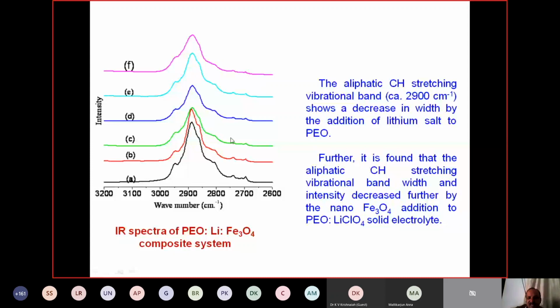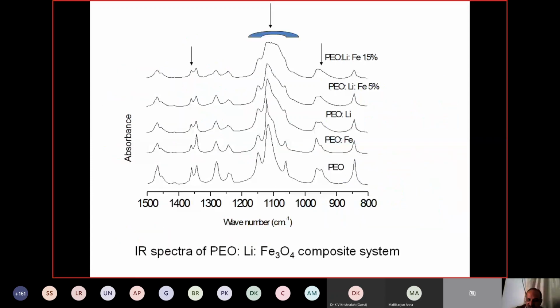You see the range between 1200 and 1000, which is a very important band position for polyethylene oxide. We call that the C-O-C stretching or vibrational mode, where the lithium cation can coordinate with the oxygen of the polymer chain. So within that band position, there are so many changes taking place.